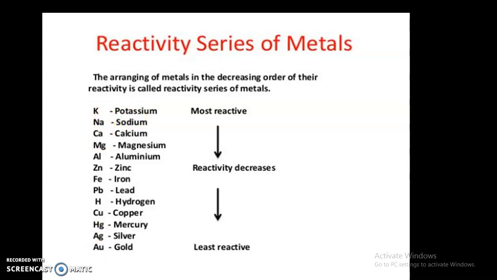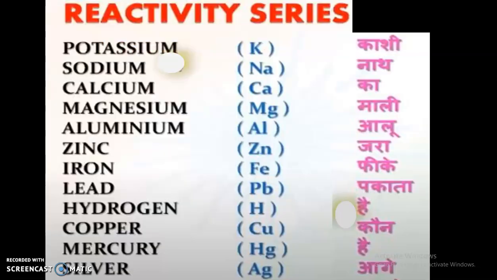So the easiest way, the easiest rhyme to learn this is, so this is the reactivity series: potassium, K, sodium, Na, calcium. This you can see here, all the symbols are also given here along with the names of the metals. How you can learn it is Kashi Nath ka Mali, K for Kashi, Na for Nath, Ca for Ka, Mali, Mg, magnesium, Alu, Al, Zn, zinc, Zara, Fe, that is our iron, Pk, Pb, is pakata, H for hydrogen hai.